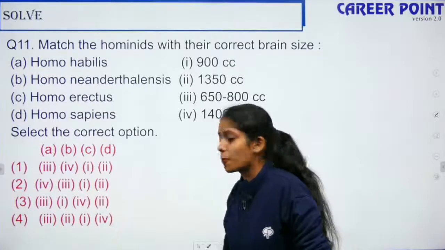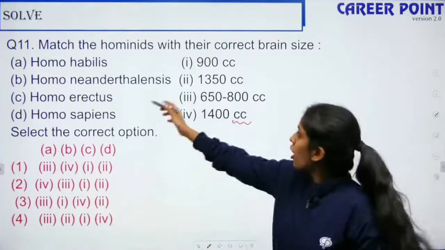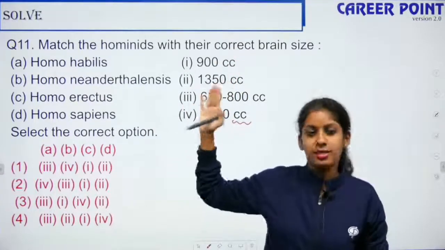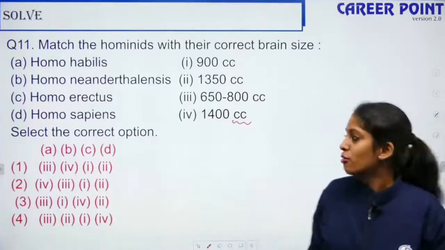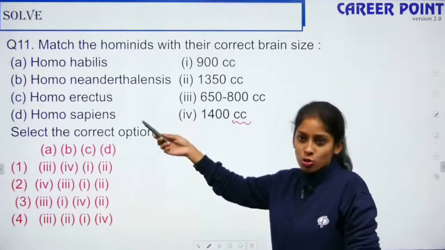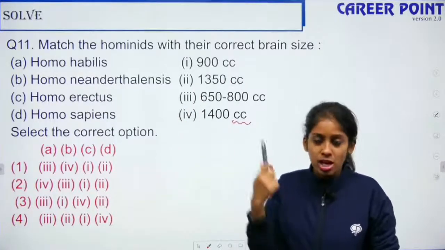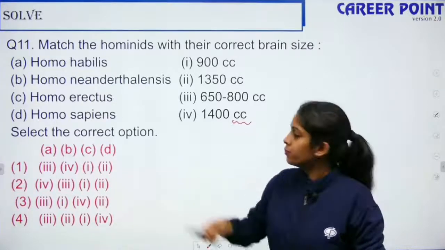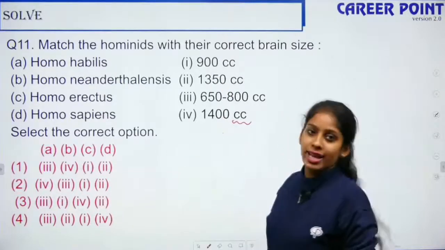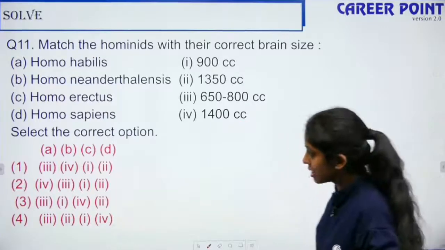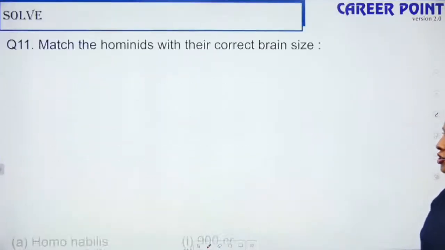Even if you don't remember this, it is easily done, because Homo sapiens are the last ones. We are Homo sapiens, so we have the highest brain size, 1400 cc. So only one option is matching.